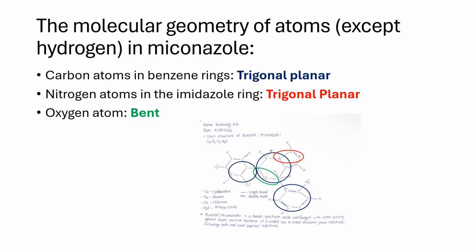This leads to a trigonal planar geometry with bond angles of approximately 120 degrees, the same. Also, the oxygen atom has 2 bonding regions and 2 lone pairs, with a bond angle of approximately 109.5 degrees, so it must be bent.